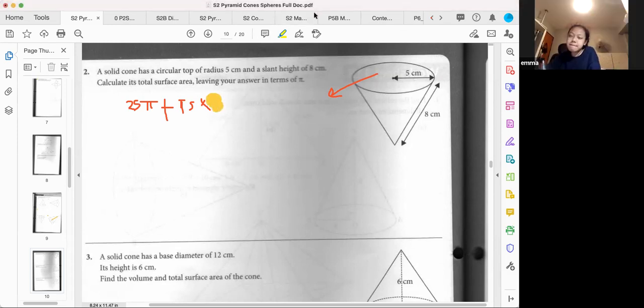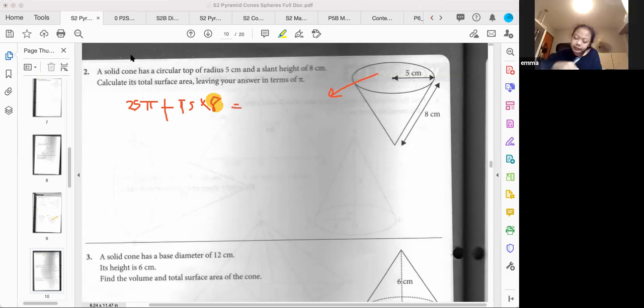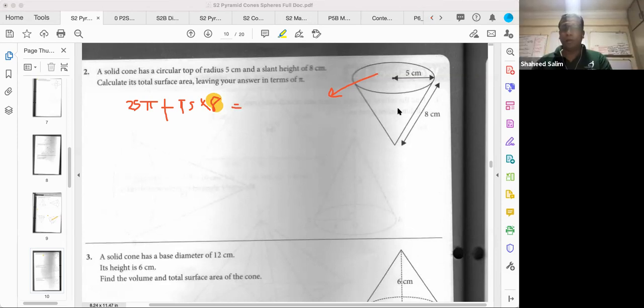But even if you found one, it cannot be so big, you know. They do not want you to times the pi. They want you to leave the pi as it is. So what's your total answer? 40 pi for the curved surface, 25 pi for the circle.